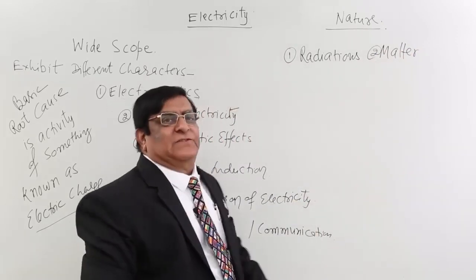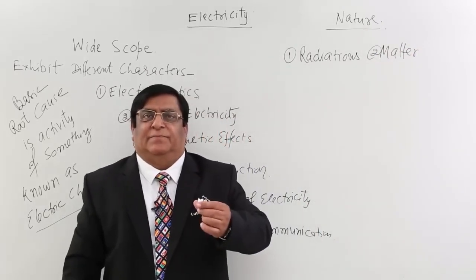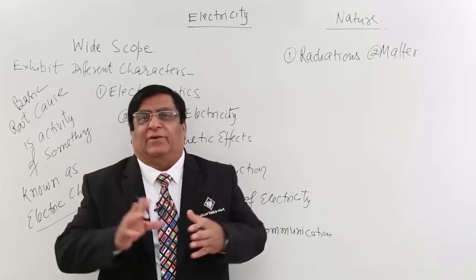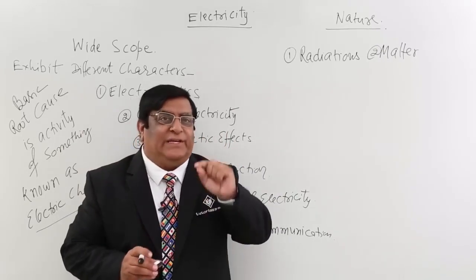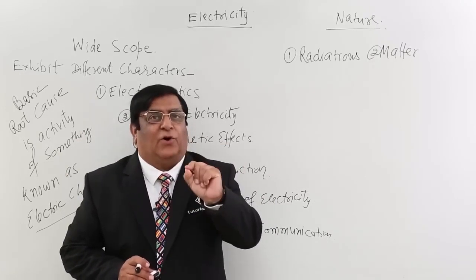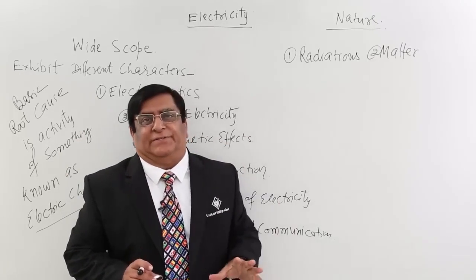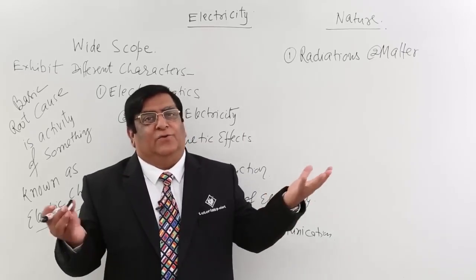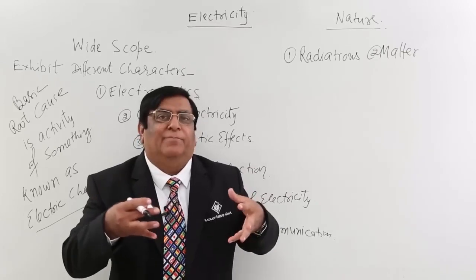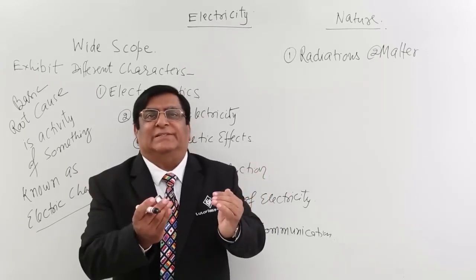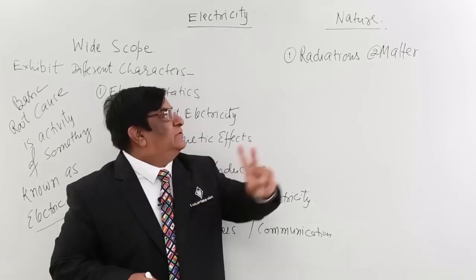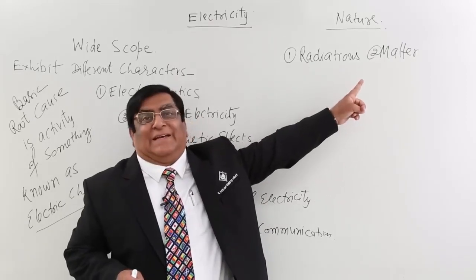In our physics, the thrust area is reductionism. We want to know the source of this nature, how the things are working, and we want to reach that one particular reason or the one cause which is controlling this universe. So far we could not find it, but we are approaching, narrowing down the things, and we have come to know that this universe is made of 2 things, radiation and matter.